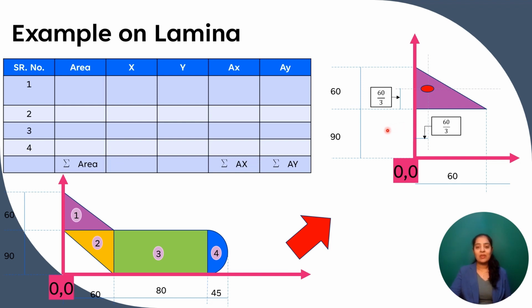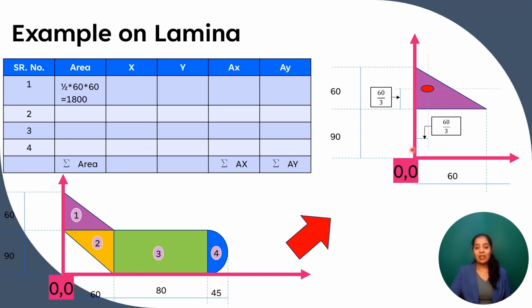So, let's do the calculation. First, find out the area of this triangle. It will be 1/2 into base into height. So 1/2 into 60 into 60. Then this is the CG of this triangle. So what is the x coordinate of CG of this triangle? Yes, correct.